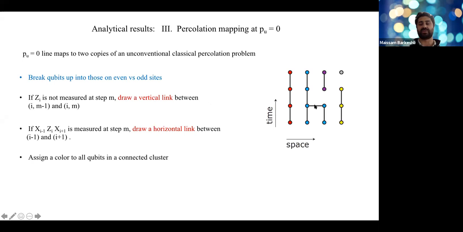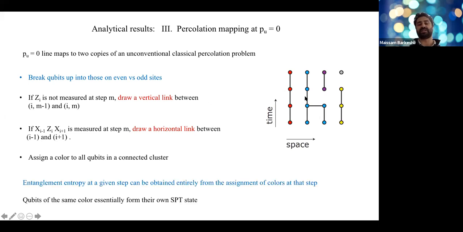So here we have a horizontal link where we measured XZX. And then at the next step, the fact that there's no line here means that we measured a Z. So this one got cut off from what was there before, and now it gets its own unique color. So at the end, we have a unique color for each connected cluster like this.